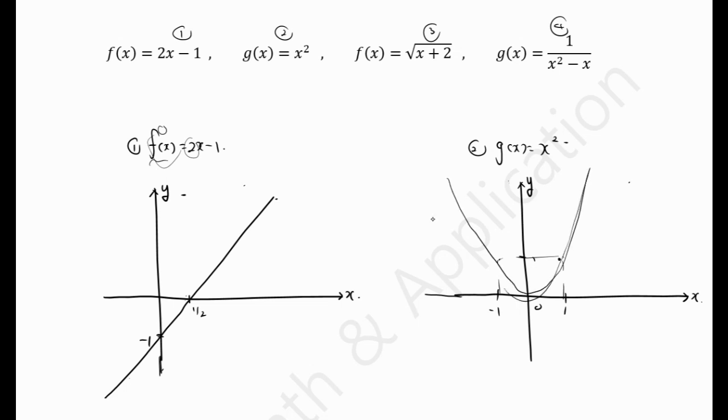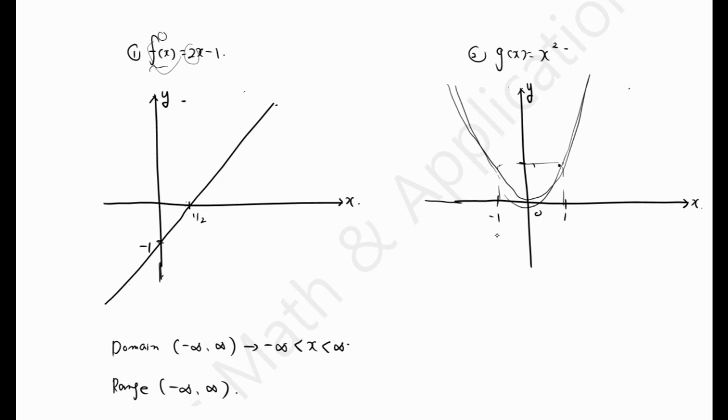The graph looks like this. In this case, the domain is minus infinity to infinity. Range: minus y is not allowed, so the range includes 0 and goes to infinity. So this is domain and range.